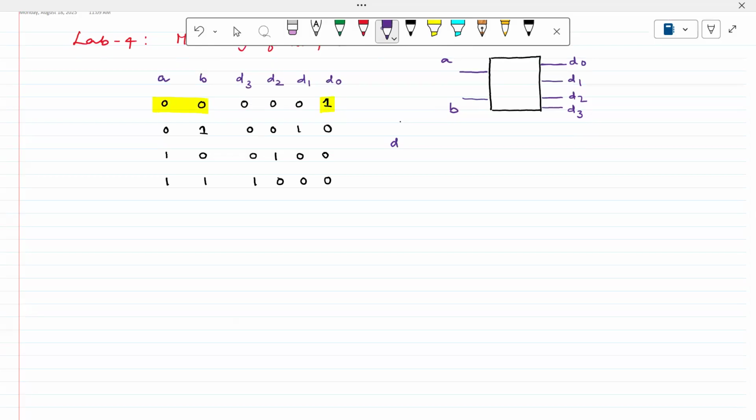Okay, D0 is actually A bar dot B bar, agreed? Next D1. D1 is A dot B bar. D2 is, I'm so sorry, I think this is not that. A bar B should be. Next, this is A dot B bar. D3 is AB.